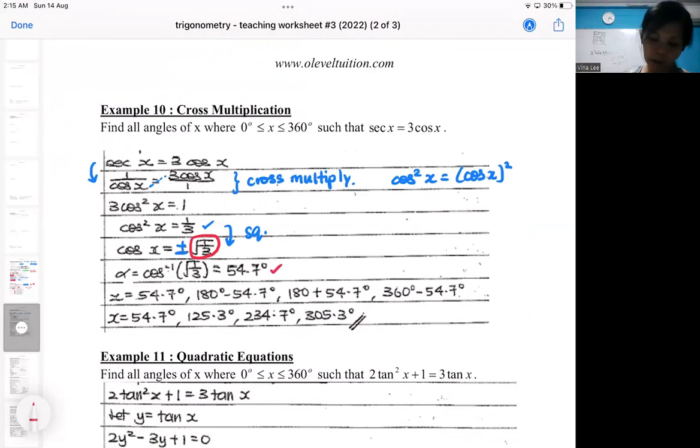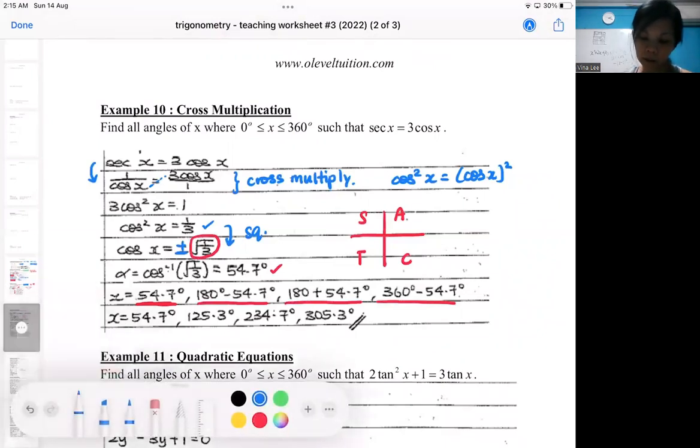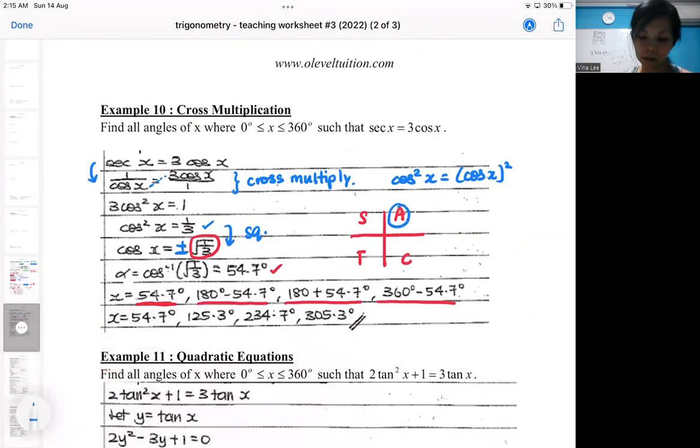And do you realize I also get 4 answers? Why do I get 4 answers? Okay, so let's explore. Okay, in which quadrants will cosine be positive? Cosine positive will be this and this.